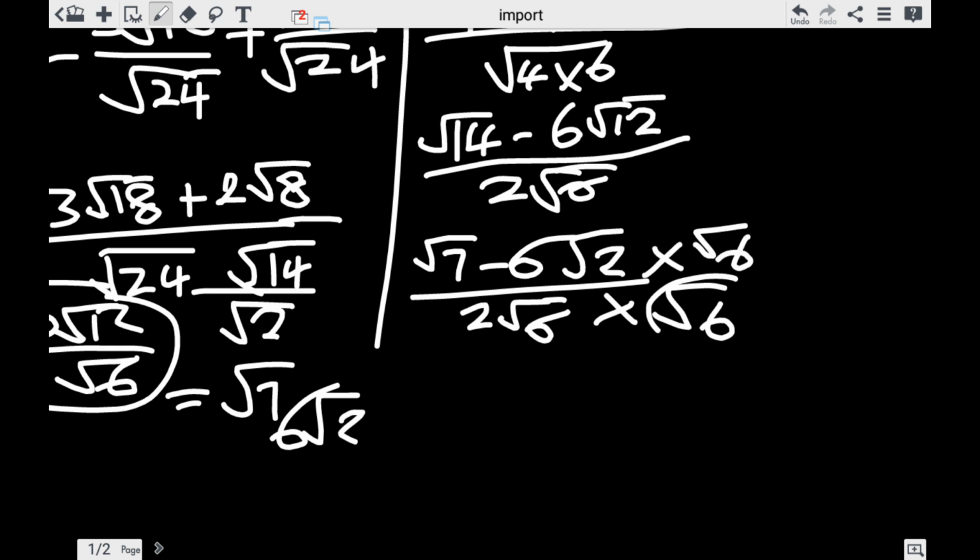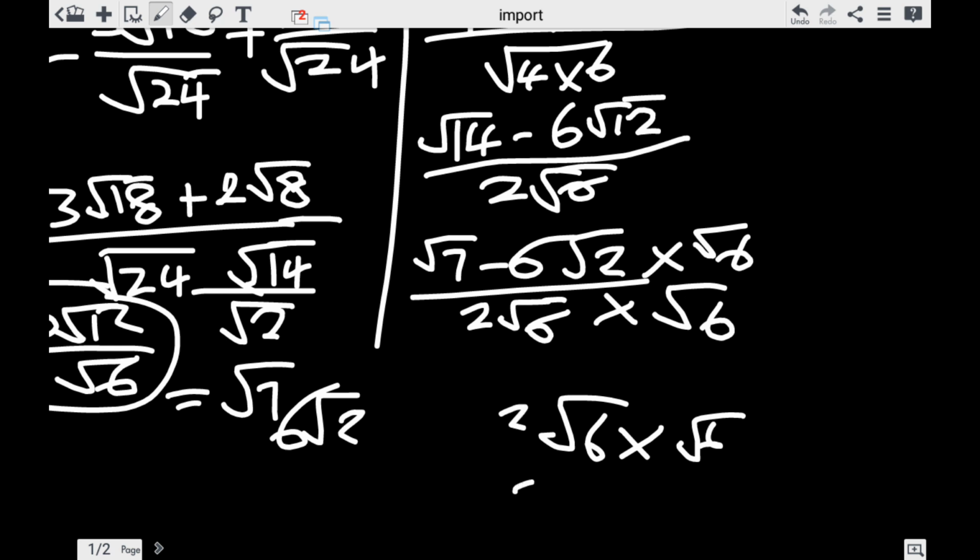So root 6 times 2 root 6. Technically these two symbols will cancel, or you can simply see that root 6 times root 6, so this should be 2 here.